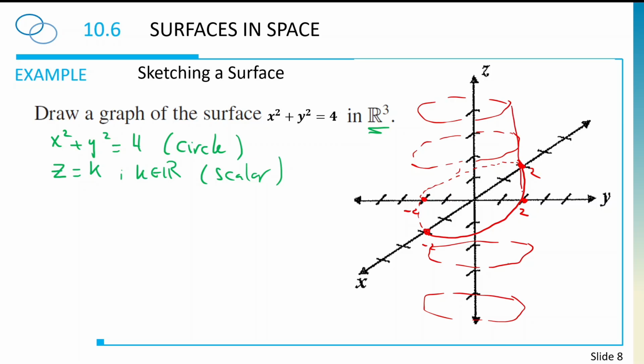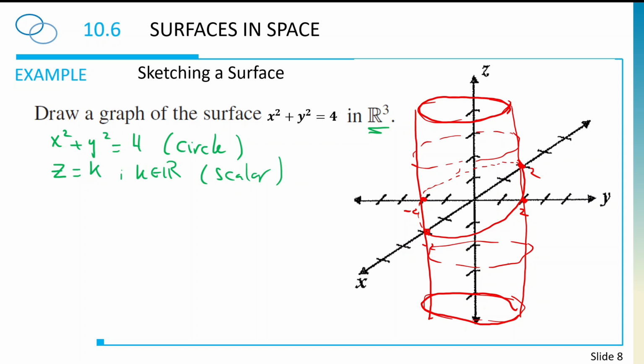So if I join them all, I'll get what looks like a cylinder. So this looks like a 3D shape, which is basically a cylinder with radius 2. So this is the idea behind the cylinder surfaces. Hopefully this is a clear idea.